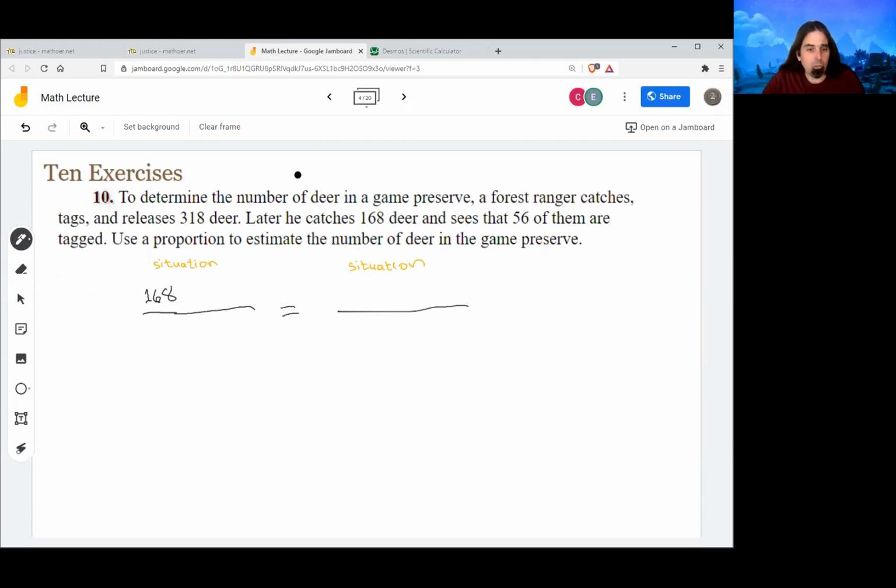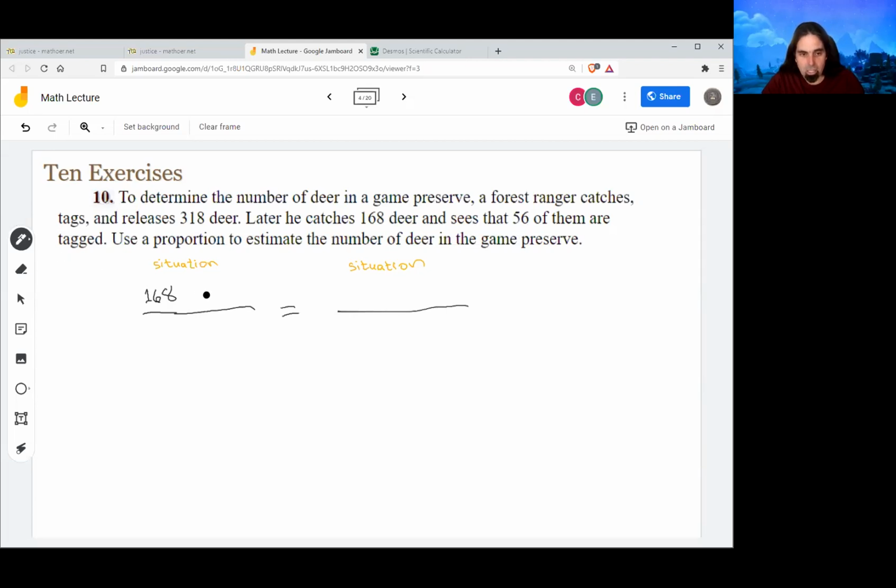So the forest ranger catches, tags, and releases 318 deer. So of all of them, we don't know how many, 318 are now running around with tags on them. Then he catches later on 168 of those and sees that 56 of the second catch were tagged.